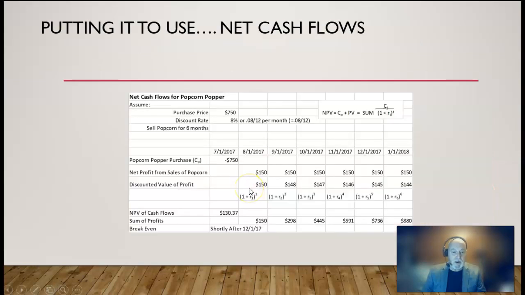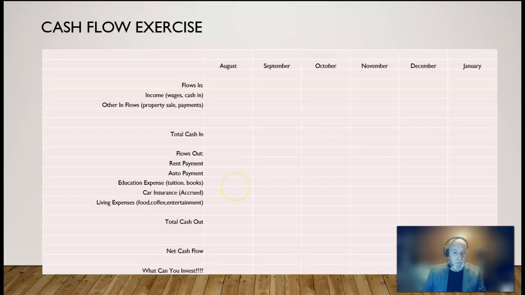That's something we might want to take a look at. We can look at cash flows in a lot of different ways, and it's a typically used financial activity to help us understand whether an investment is worth making or not.